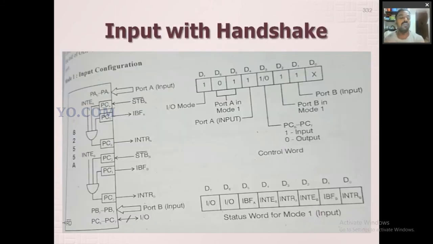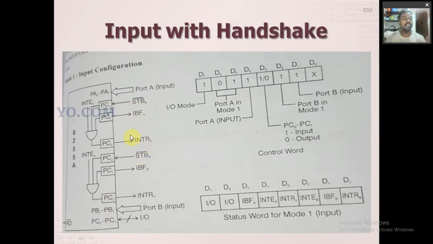So this is a mode 1 diagram, the input configuration. Here port A acts as an input, and port B also acts as an input. This is port group A: port C upper and port A combined is called group A. Here we have STB, then IBF, then INTR.